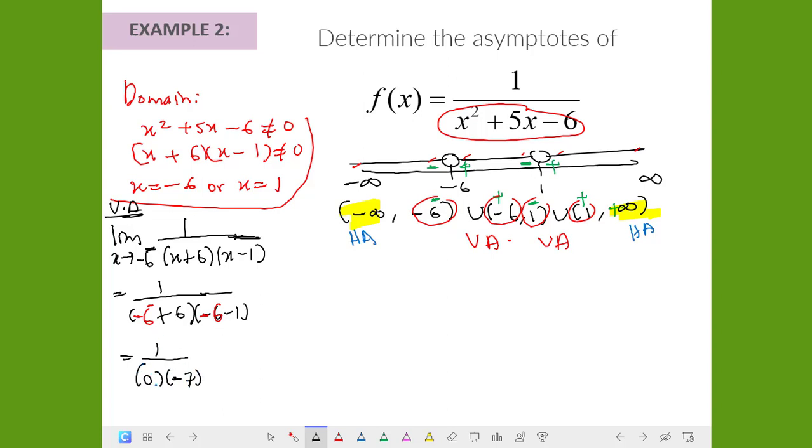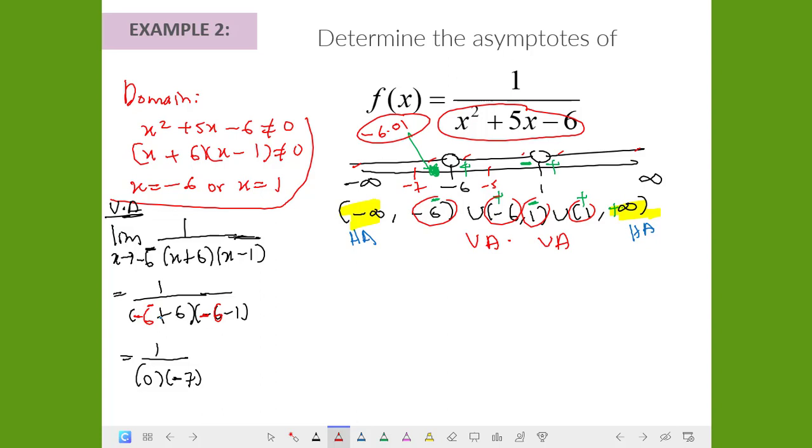Now we're going to check, is it negative or positive to the left or to the right? Check and take one number. Assume this is negative 6 from the left, so between negative 7 and negative 5. So negative 6.01.